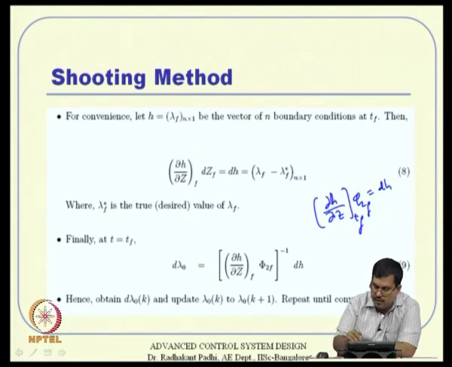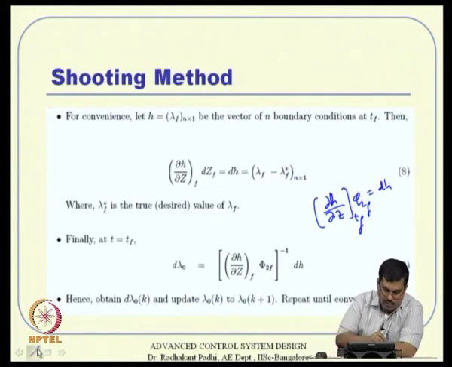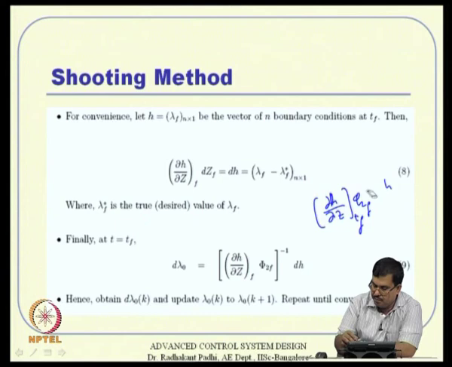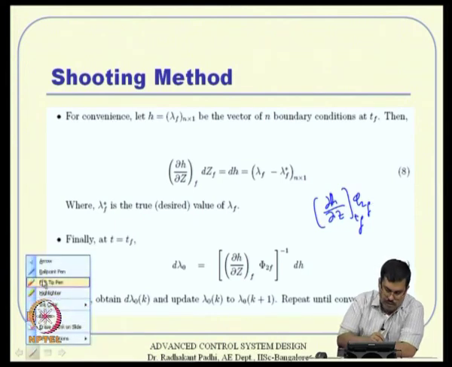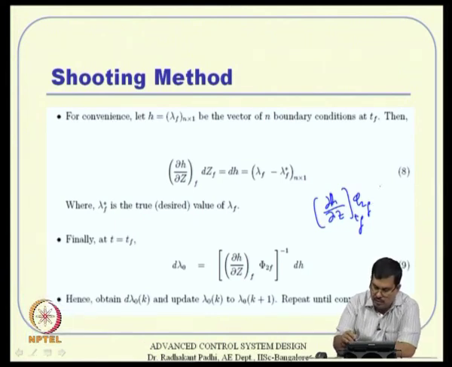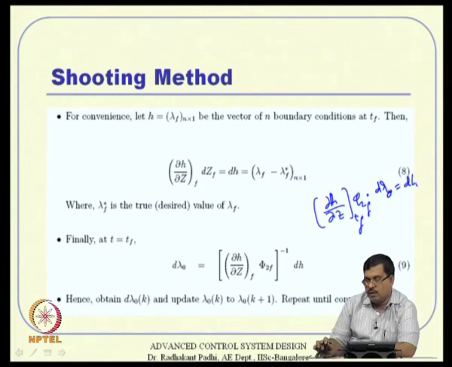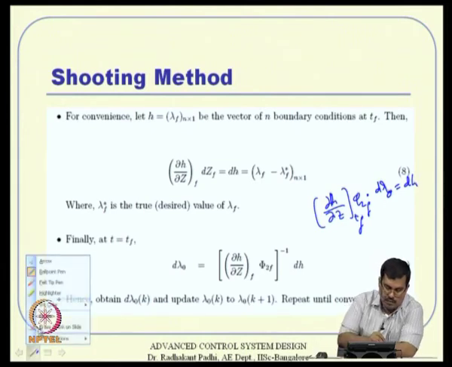Okay. Now, there is a small mistake here probably. Then obviously you can solve for d lambda 0 that way actually.